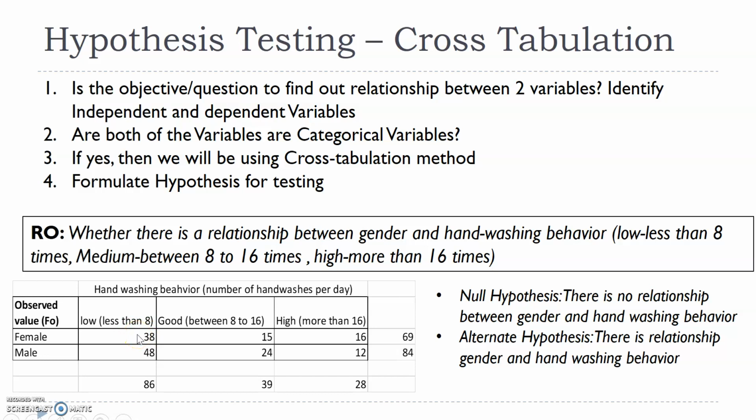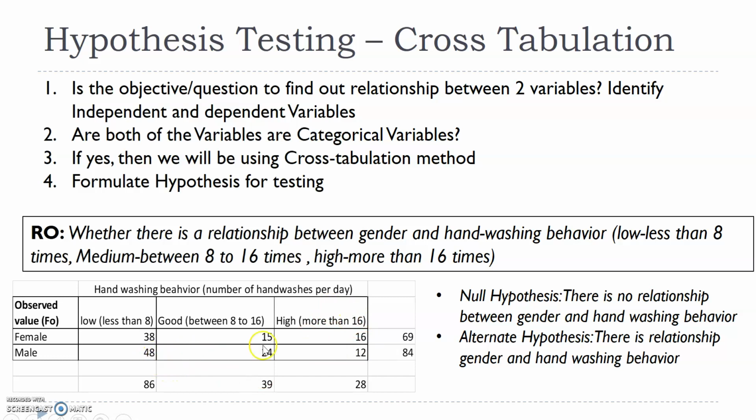Again, I'm repeating, these are count data. There are 38 female students who responded, 1.5 months back, that they wash their hands less than 8 times a day; obviously the situation may be different right now. Similarly, 15 female students said they wash between 8 and 16 times, and 16 female students said they wash more than 16 times.